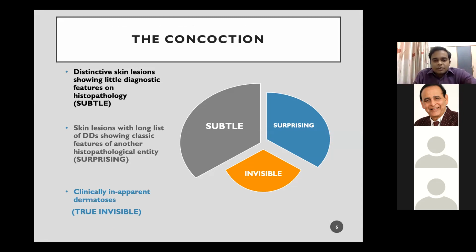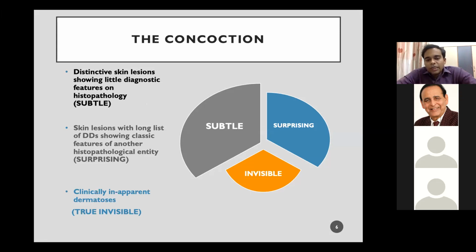What I have tried to focus on in this talk is subtle dermatosis, where we see lesions with a distinctive clinical appearance but are unable to see differentiating histopathology findings. Those we can call subtle.